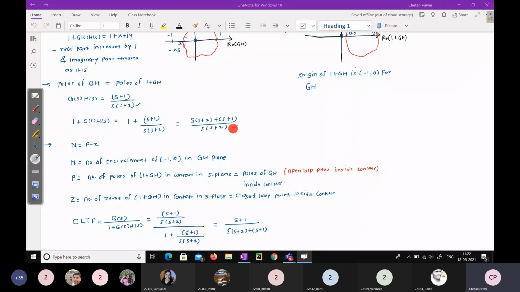Now if you see here, the poles of G(s)H(s) and the poles of this 1 plus G(s)H(s) are the same. So we can say that the poles of GH are equal to the poles of 1 plus GH. That is the relationship between these two.